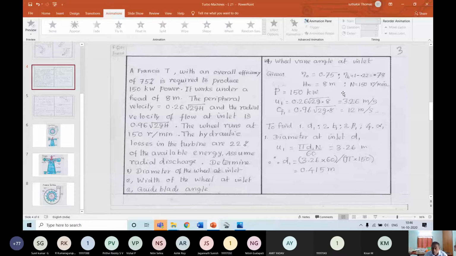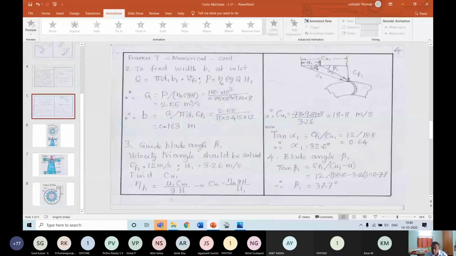So one can guess the velocity triangle should be of this shape. Once you draw the CF1, then you can think of a triangle like this. To construct this, you need the whirl component of the velocity cu1, which we can get from the hydraulic efficiency equation.